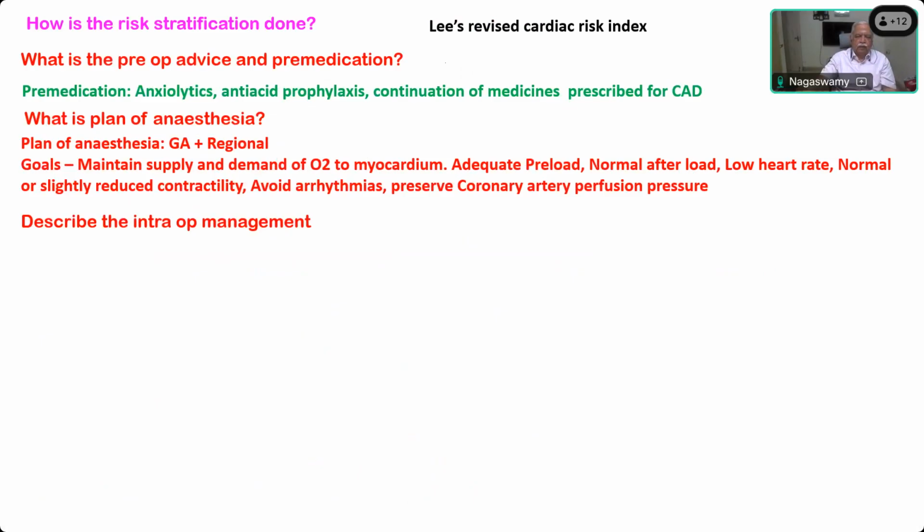So whatever blood was going to the ischemic area so far will also be diverted to the normal area, because the caliber of the normal vessels will increase manifold compared to the caliber of the ischemic vessels. So the normal area will get more blood supply, which is not required, and the ischemic area will suffer more from want of blood supply. This is what is called coronary steal.